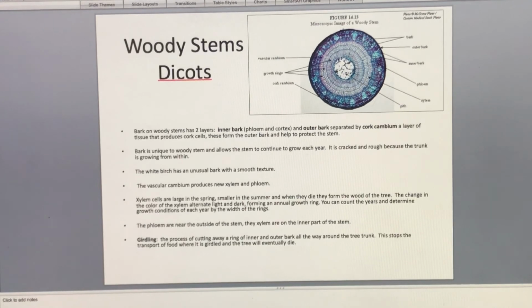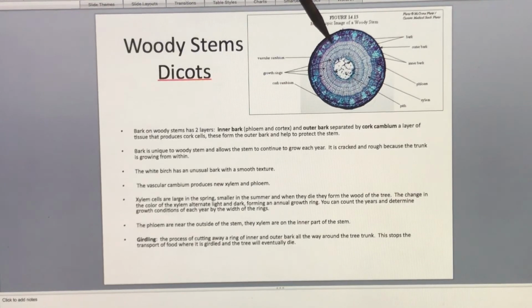Now what's interesting about these woody dicot stems is that the xylem here are large in the spring and smaller in the summer. And when they die, they form the wood of the tree. So that's this area here. And the color of the xylem alternates light and dark.